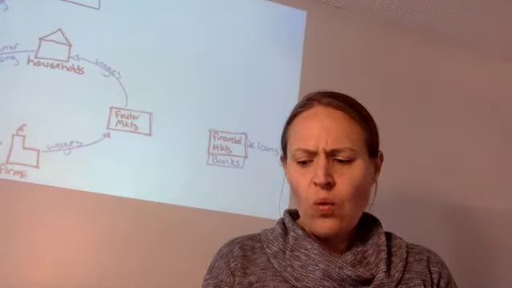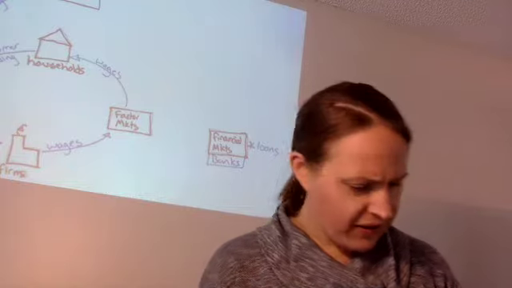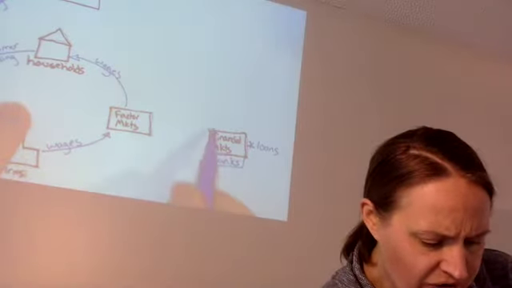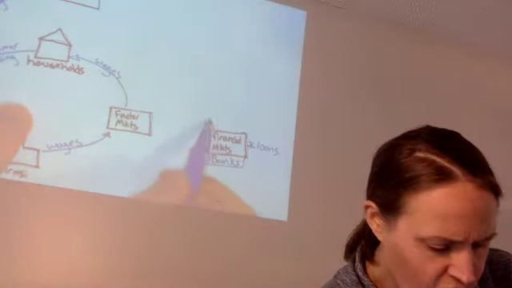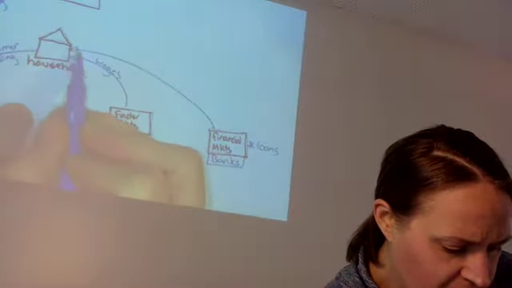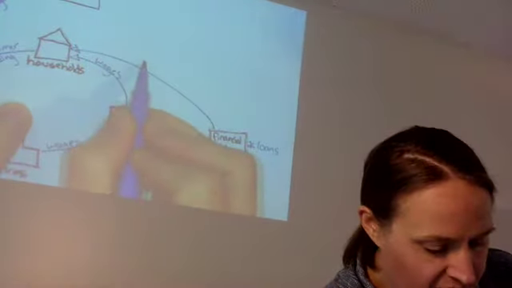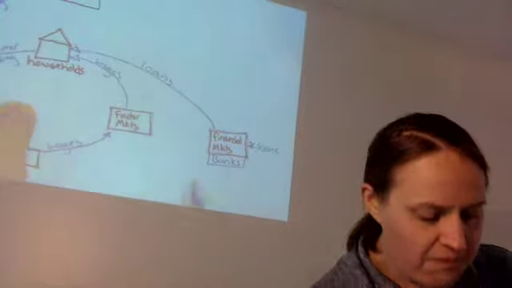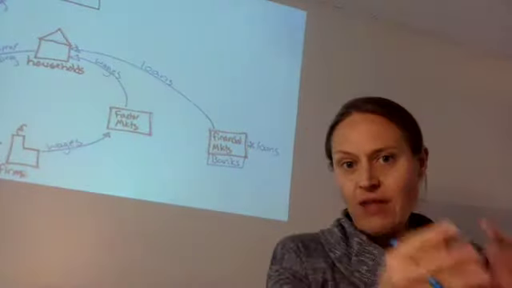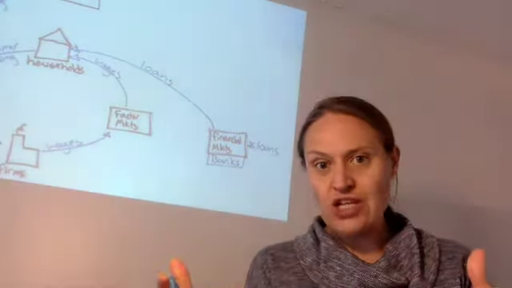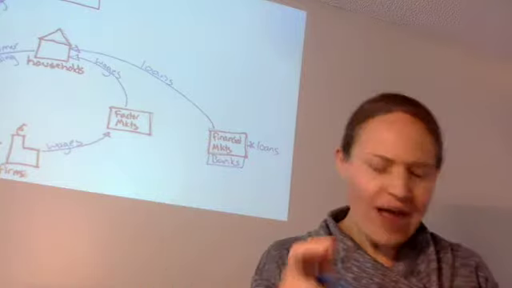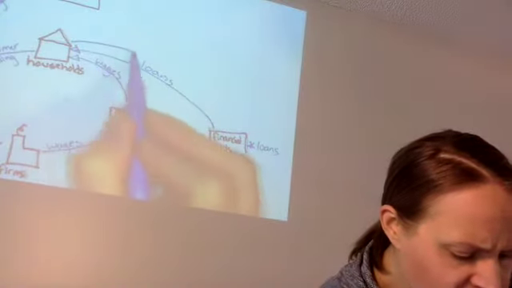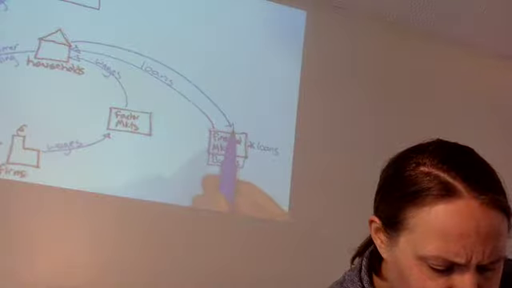Now, we can have an arrow going from the financial markets to the households, and we can label that arrow loans, because money goes from the banks to the households in exchange for loans. But we also have an arrow going from the households back to the banks.